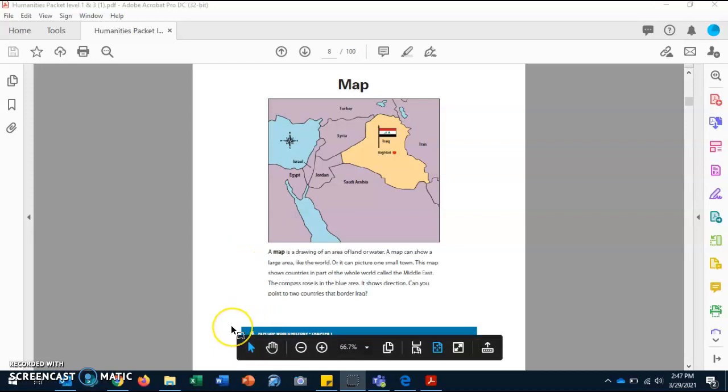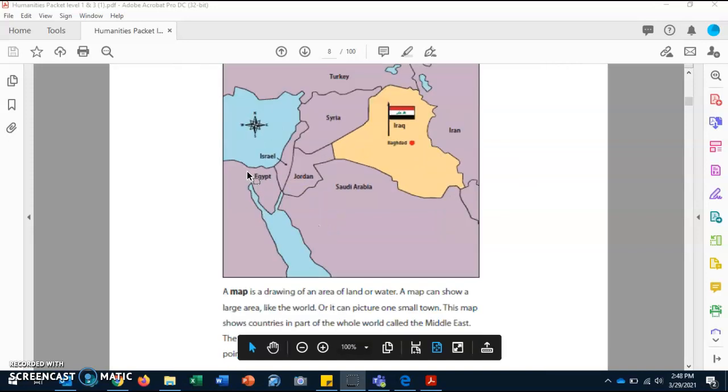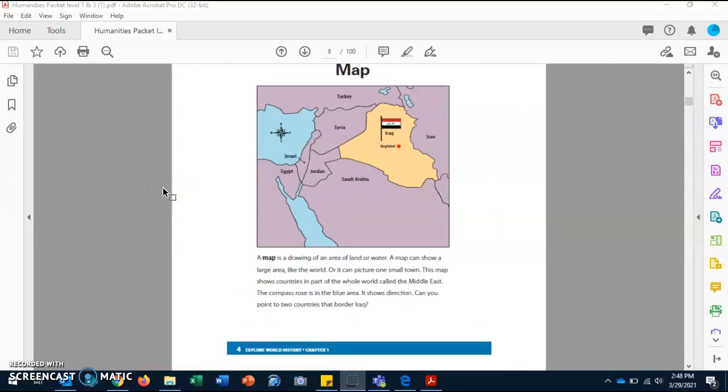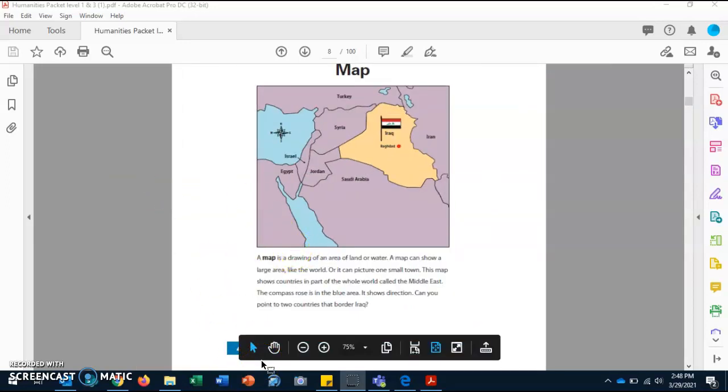And the number 4 is on the left corner. So here for maps, we are going to be reading the little short paragraph we have right here, and then afterwards we will answer some comprehension questions.